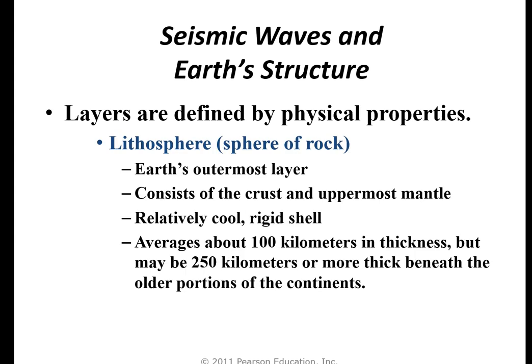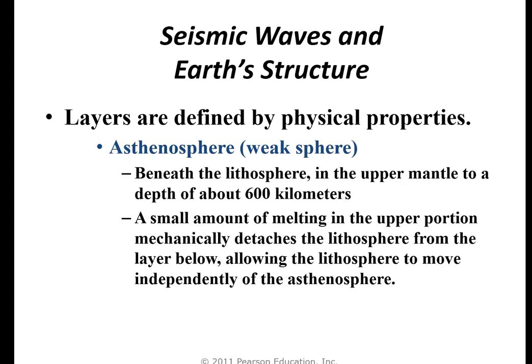The layers are defined by the lithosphere, which is the sphere of rock. That's the Earth's outermost layer, the crust and the uppermost mantle, a relatively cool and rigid shell about 100 kilometers in thickness, but maybe 250 kilometers or more thick beneath the older portions of the continents and the mountains. The asthenosphere is beneath the lithosphere in the upper mantle to a depth of about 600 kilometers.